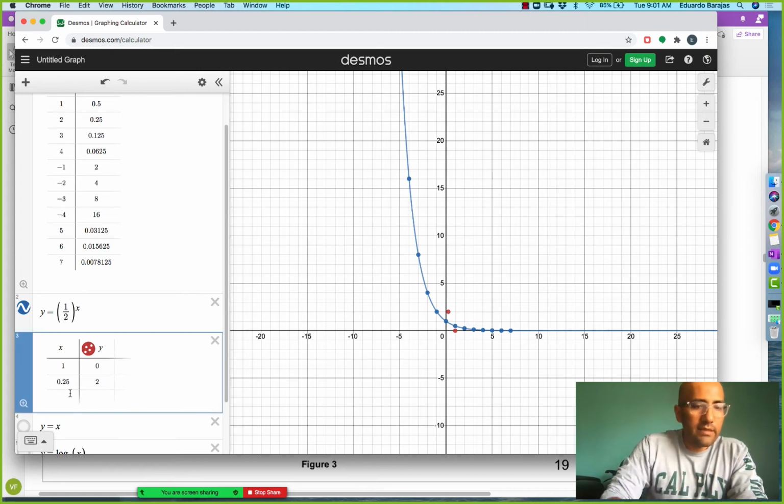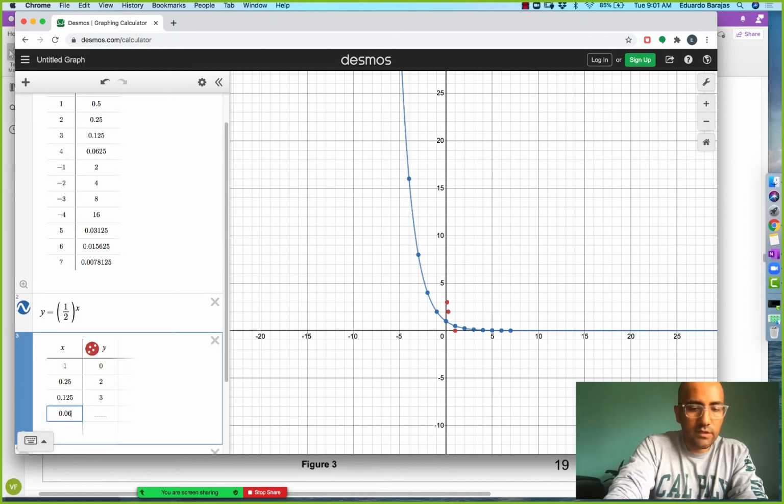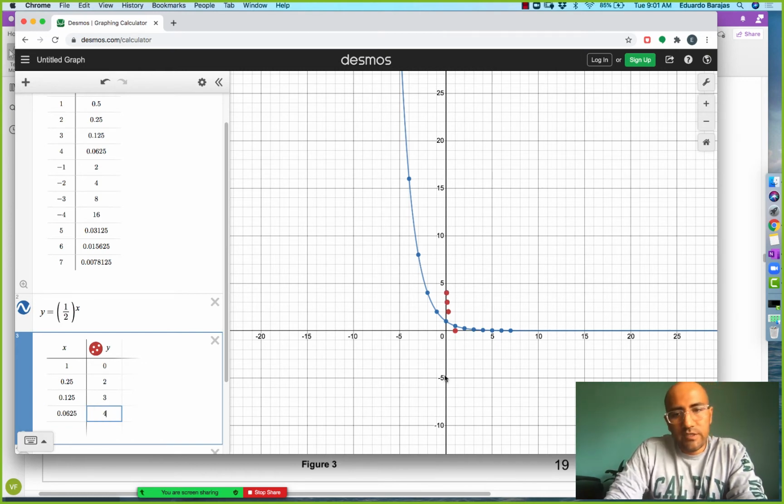Okay, so kind of blindly going through and copying more of these things: 0.125 and 3, and 0.0625 and 4. We see that as x gets closer and closer to 0, this function seems to be going that way, right? Getting closer and closer to the y-axis.